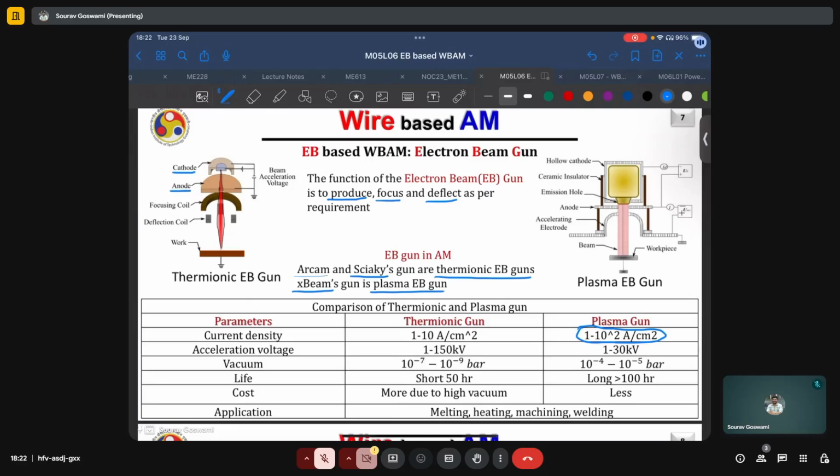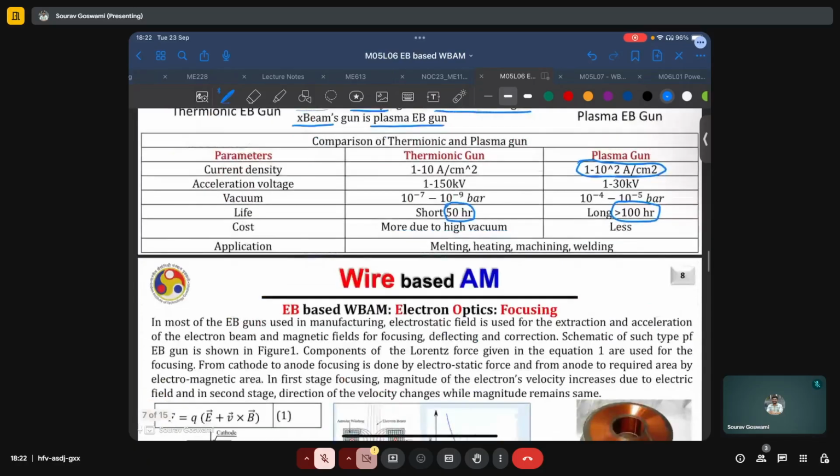A typical number given here is 50 hours, whereas plasma guns can easily last for at least twice as long. And even in terms of cost, the cost of a thermionic gun is considerably higher because of the requirement of the associated high vacuum. Both, however, have overlapping applications related to melting, heating, machining, and welding.